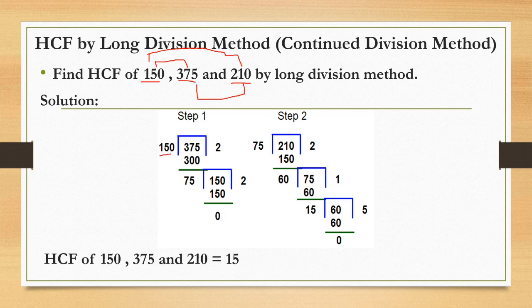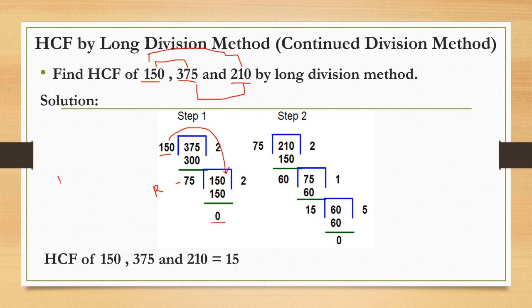So in table of 150, 2 times we got 300. After subtraction we got 75. Now this is our remainder. Now this remainder becomes divisor and this divisor becomes our dividend. Now in table of 75, 2 times is 150, which means this divides exactly, so we got 0 remaining.